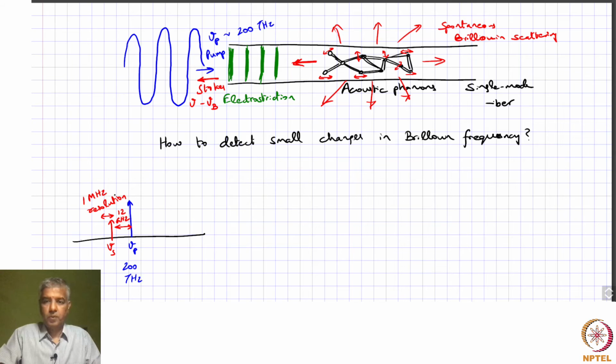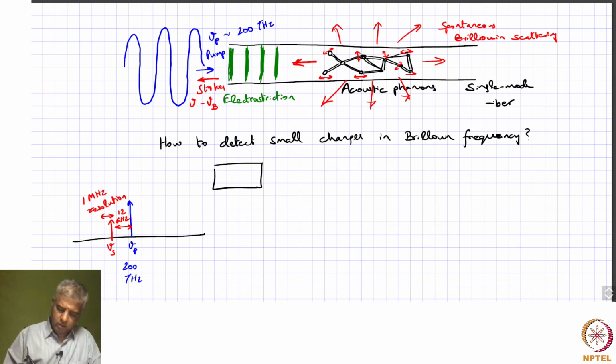Well, one of the things you can do for sure is, whatever pump frequency you are sending, let's say you have a narrow line width source. And by the way, it has to be a narrow line width source.